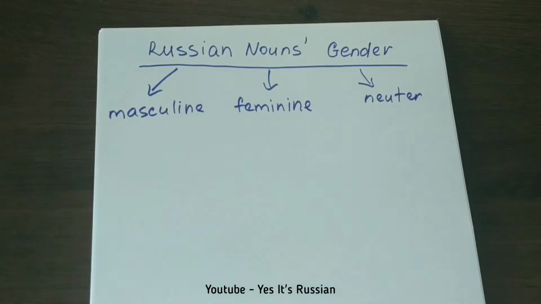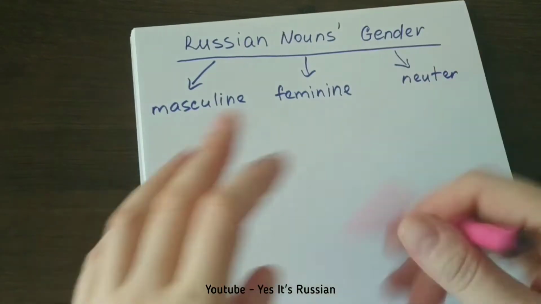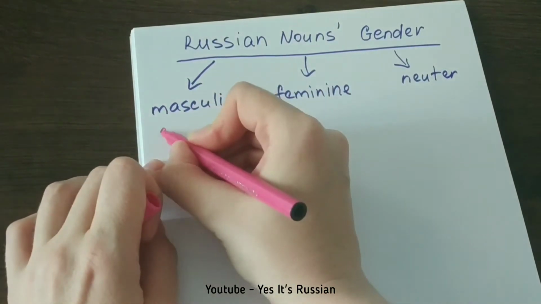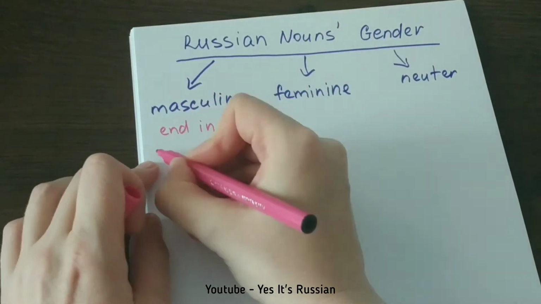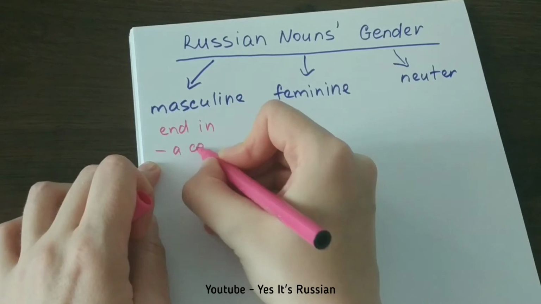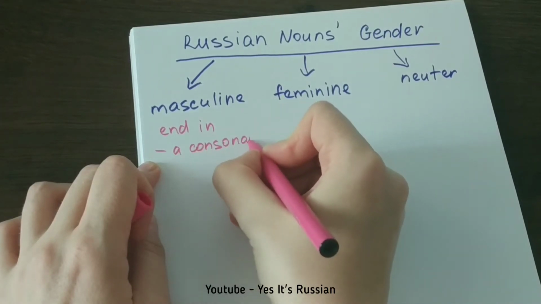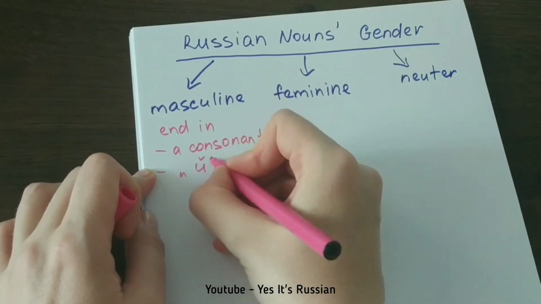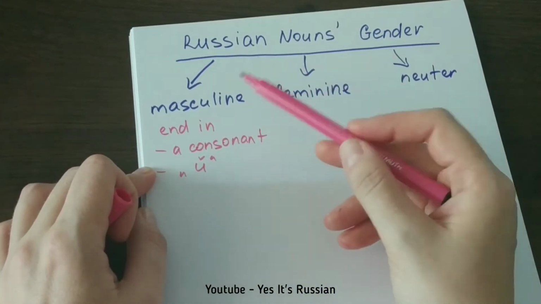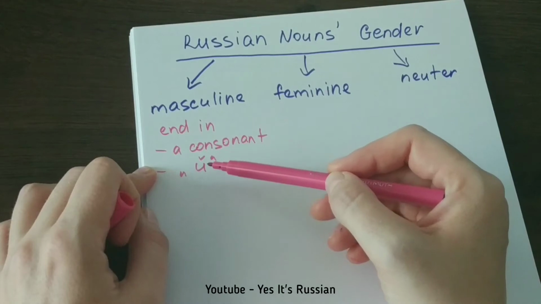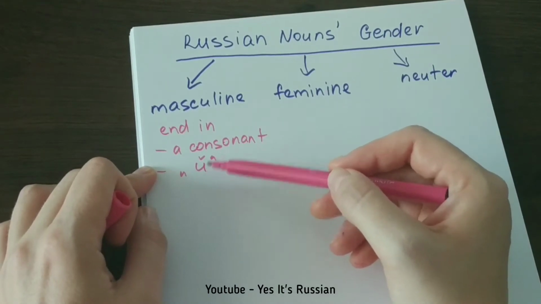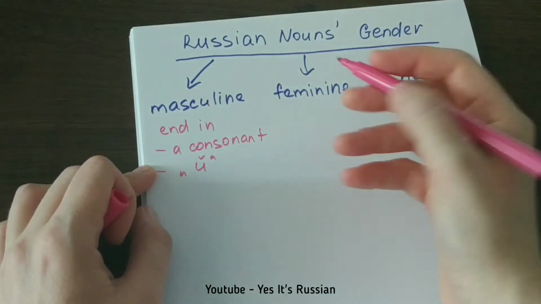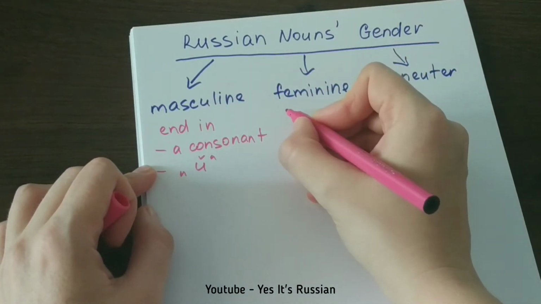So if we look at the masculine gender, masculine gender nouns end in either a consonant, any consonant, or a letter Y. So the noun has to end either in a consonant or in a vowel Y to be determined as of a masculine gender. Next, let's see the feminine gender.